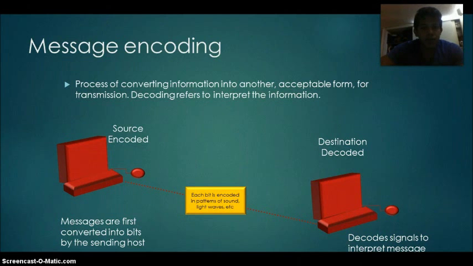And the other party should decode your encoded information in order to understand what the source wanted to say, wanted to transmit, well, communicate.